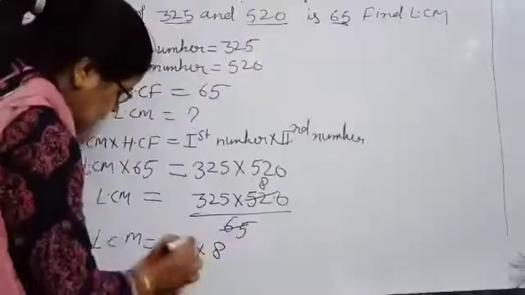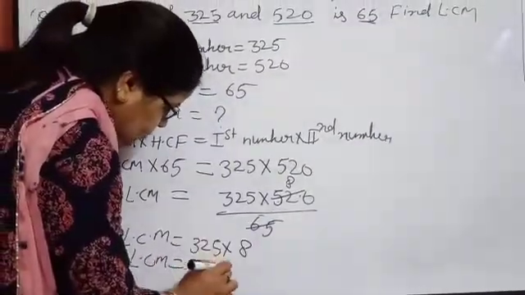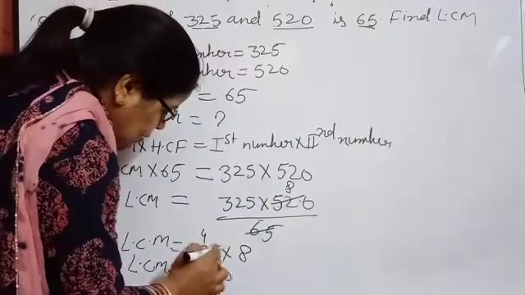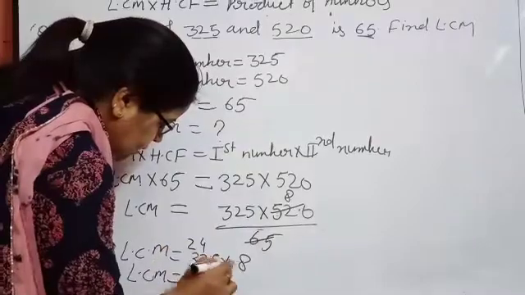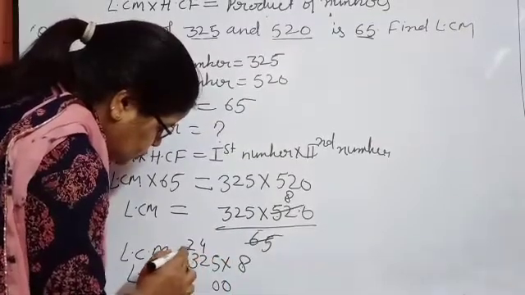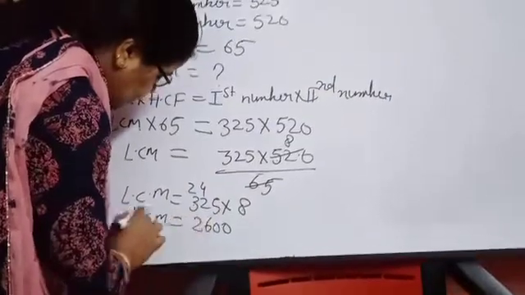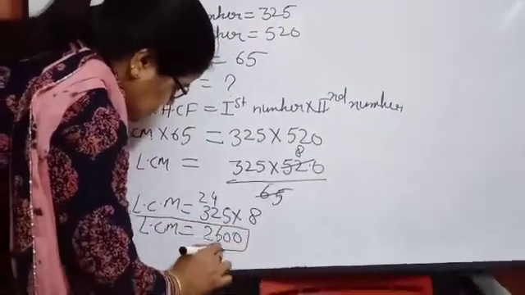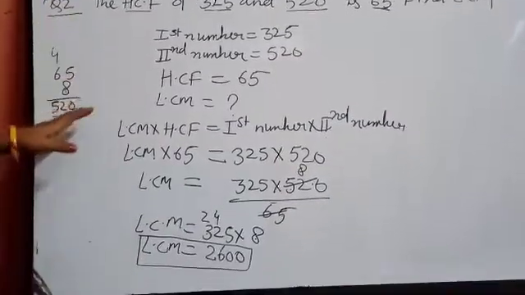Now see that, so LCM is equal to, multiply them: 8 5s are 40, remainder 4; 8 2s are 16, 16 plus 4 is 20, remainder 2; 8 3s are 24, 24 plus 2 is 26. In this way your answer will be 2600.